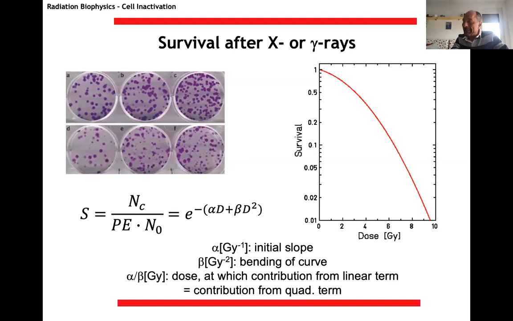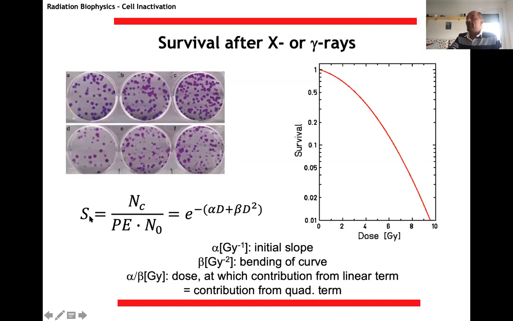It is linear quadratic also here, but the survival will be e to minus alpha d plus beta d squared, because if the lethal lesions are equal to alpha d plus beta d squared, then the probability of having 0 lethal lesions, according to the Poisson statistics, will be e to minus alpha d plus beta d squared.